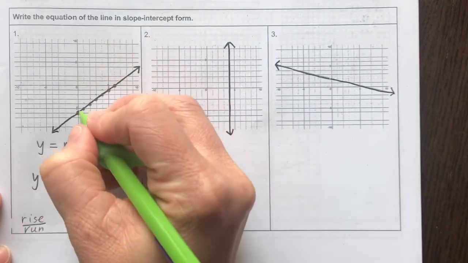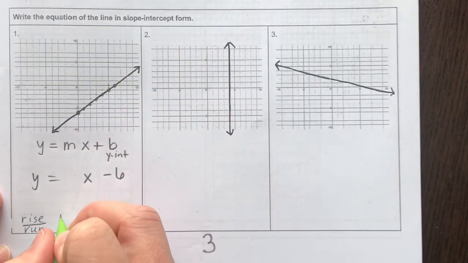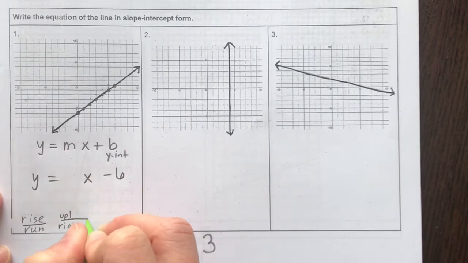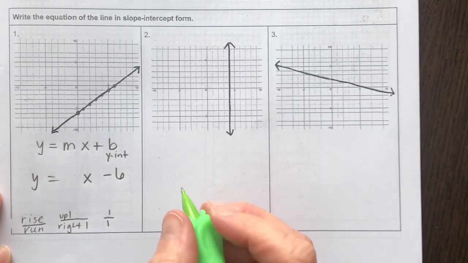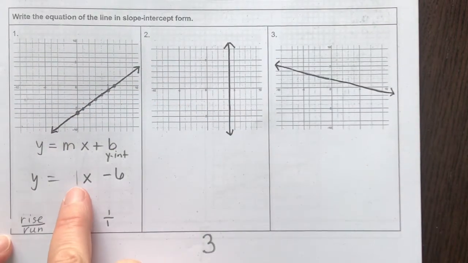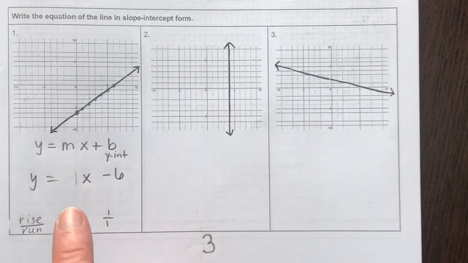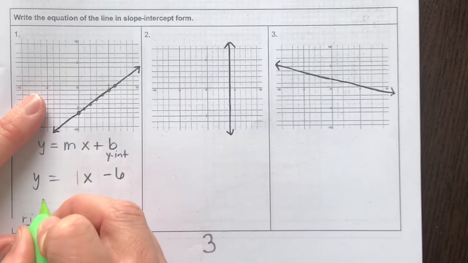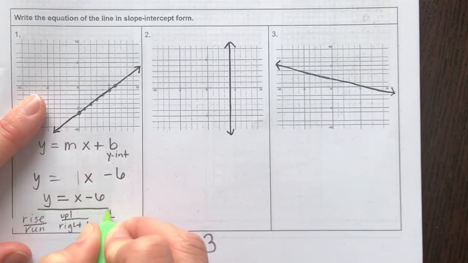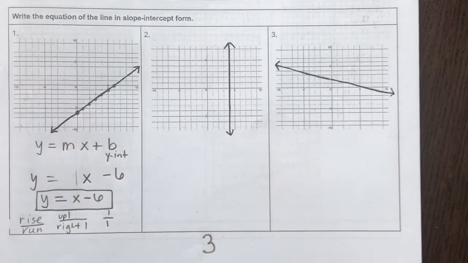And in this picture, I'm going up 1 and right 1, which will be 1 over 1 for my slope, which is 1. Now I don't really need to write the 1 for my function because with 1x, you don't need to say the coefficient of 1. So y equals x minus 6 would be the perfect way to write that equation.